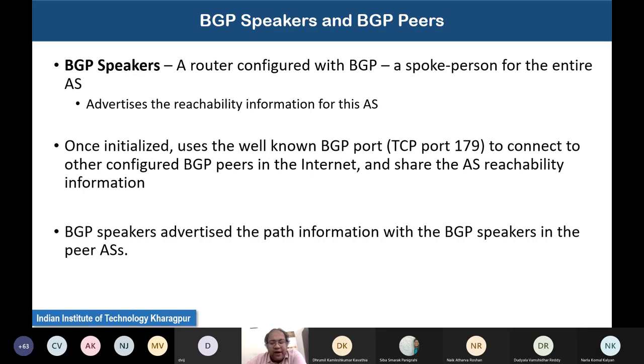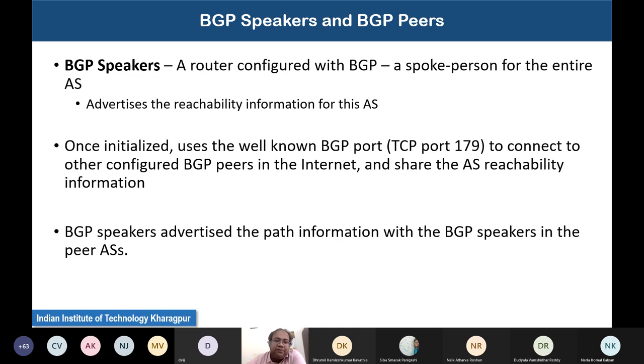Now there can be two different types of BGP-supported routers. As I mentioned earlier, if a router supports the BGP protocol, we call it a BGP peer, and BGP peers share reachability information among themselves. Some special BGP peers actually produce the BGP update messages, or the network layer reachability information. We call them BGP speakers.